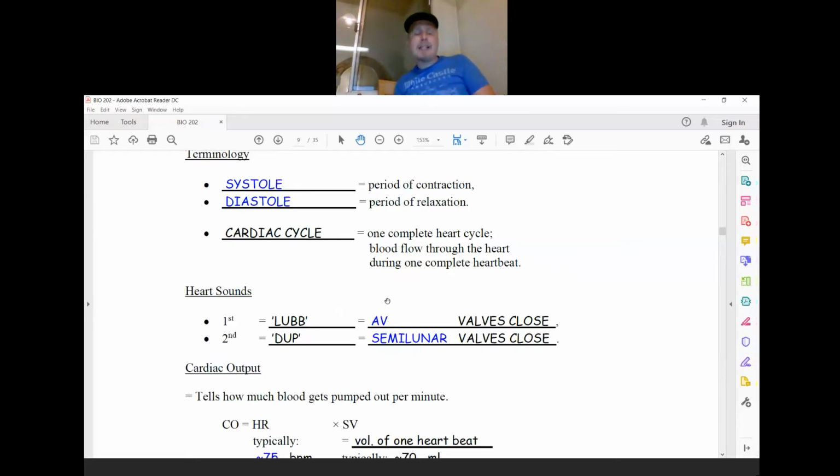Both the right and left AV valves close at approximately the same time, and you'll hear this first sound, the lup sound. After a slight delay, we'll hear the second sound, which is more of a dup, and that's when our semilunar valves close, so that's our pulmonary valve and our aortic valve. So we can actually tell, if there's an odd sound on one of these, which valves are affected if the sound is not correct.